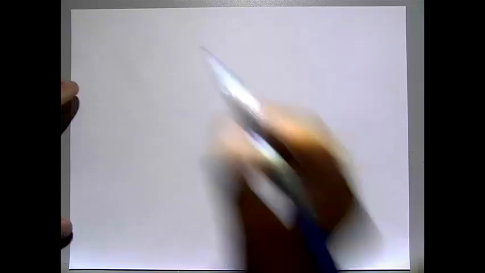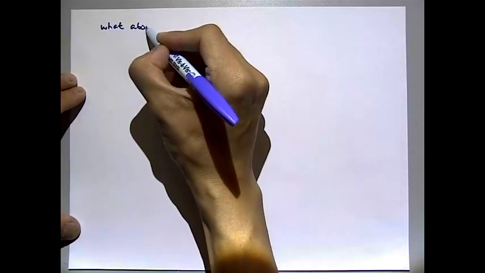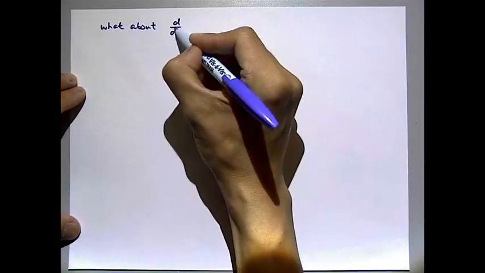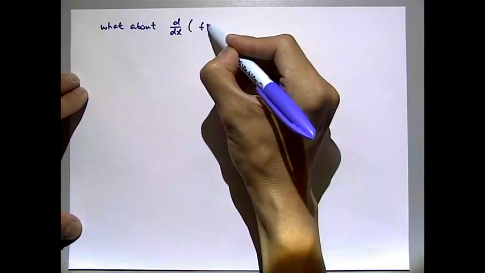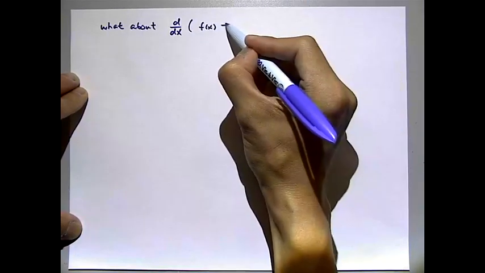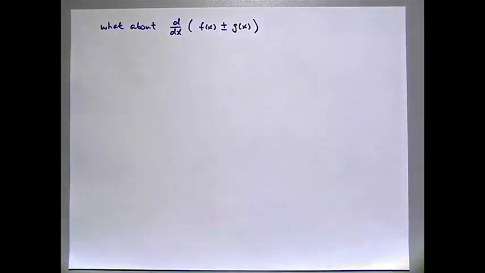Okay, so now we know x to the n, we know a number times x to the n. The next thing we'll tackle is what happens when you got things added to or subtracted from each other. So for example, derivative of some function f added to or subtracted from g of x.